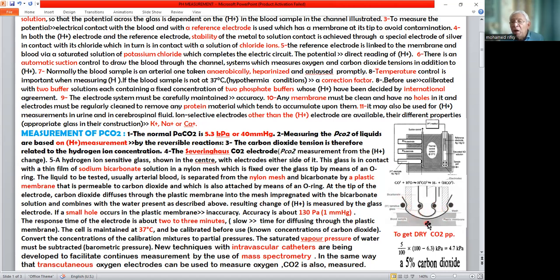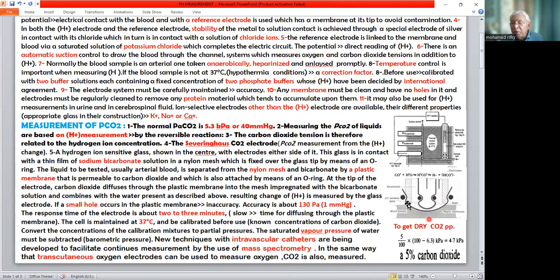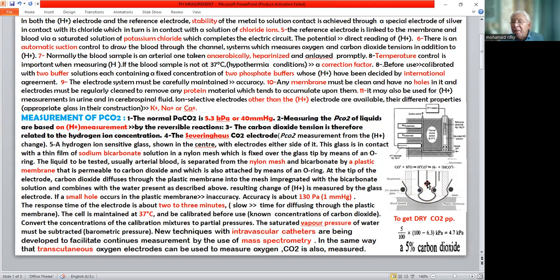So whenever CO2 goes through this system, which is specialized for CO2, it combines with water, creating carbonic acid, which dissociates into bicarbonate and hydrogen. This hydrogen is measured by the meter directly as the CO2 level.